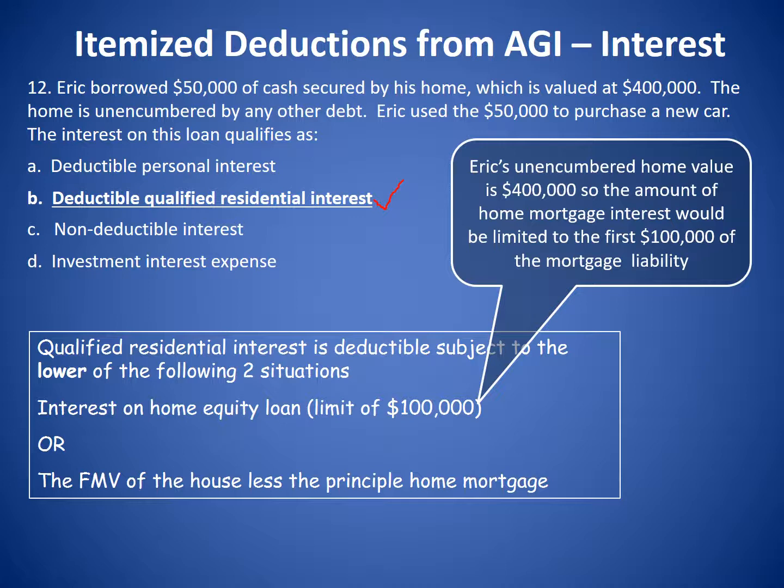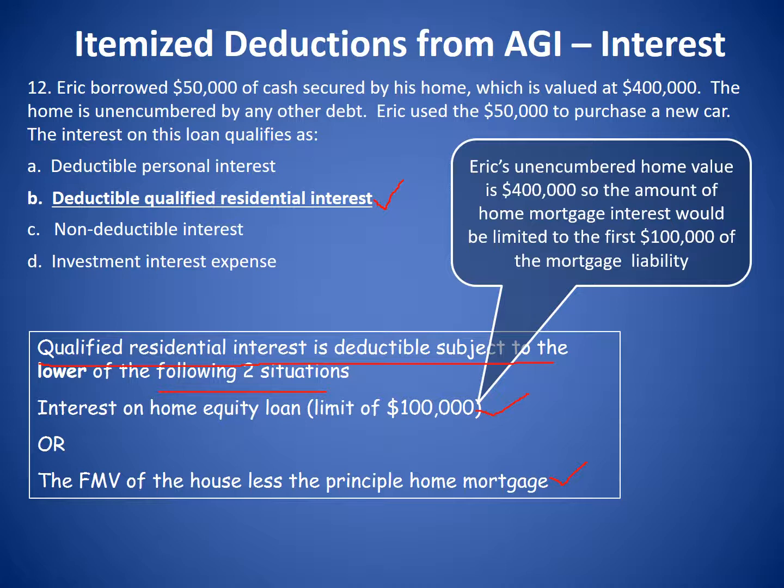Now, qualified residential interest is deductible subject to the lower of the following two situations. Number one, the interest on the home equity loan up to a limit of $100,000 of indebtedness, or the fair market value of the house less the principal home mortgage.